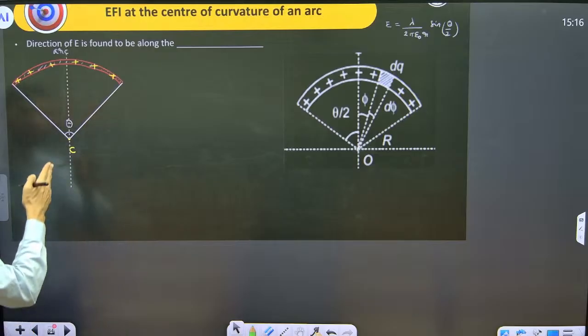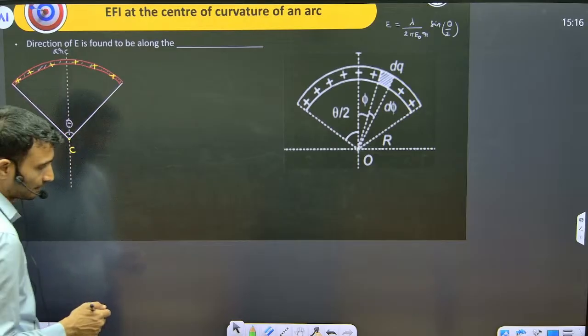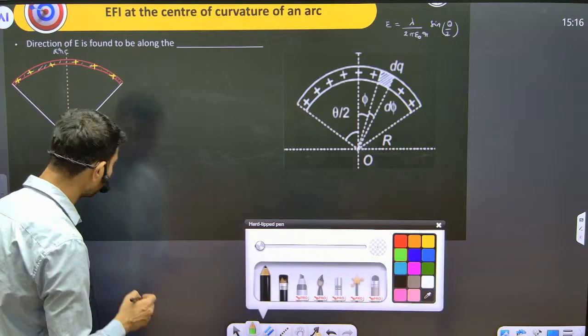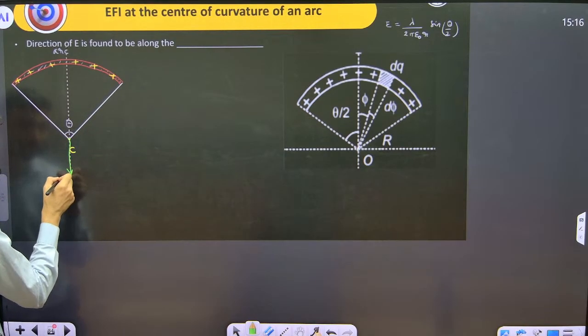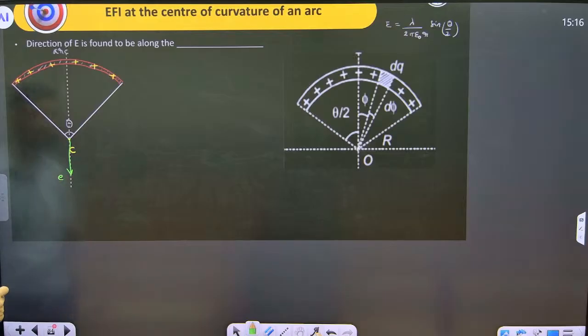And the electric field will be exactly along this line. Right? And how much it will be, let's try to find out.